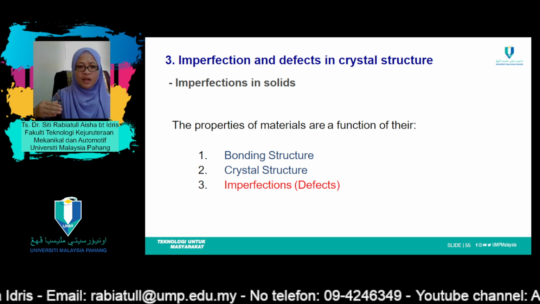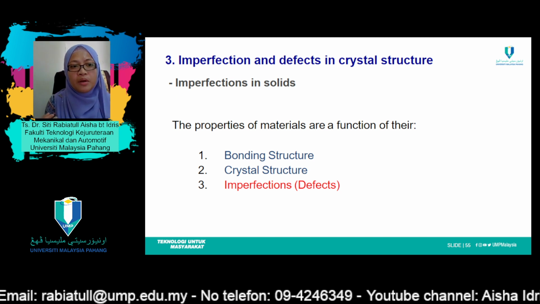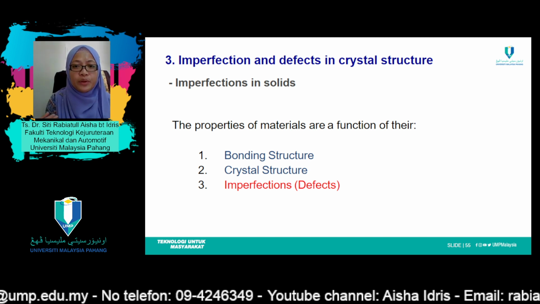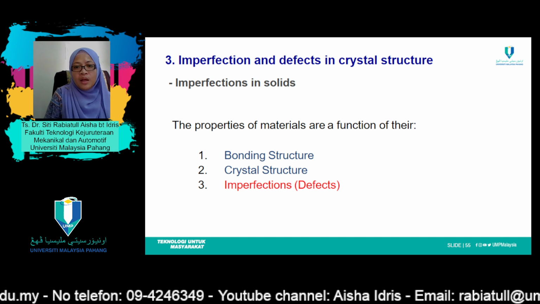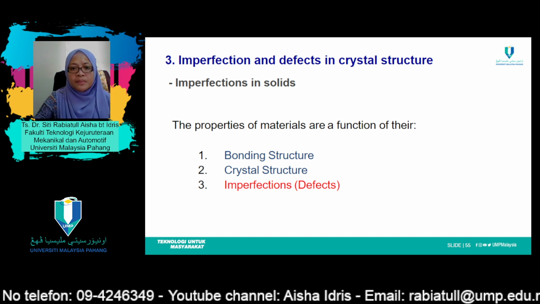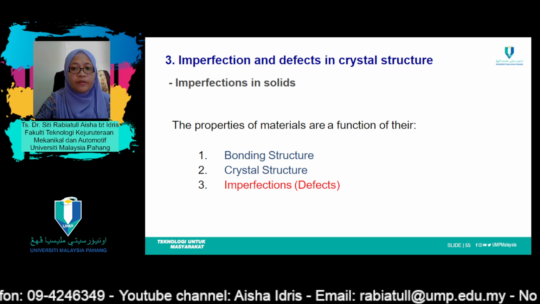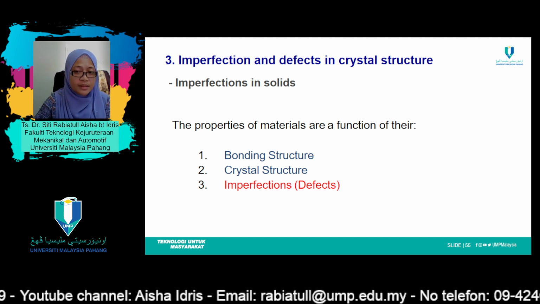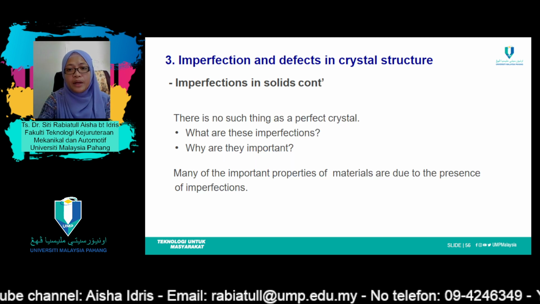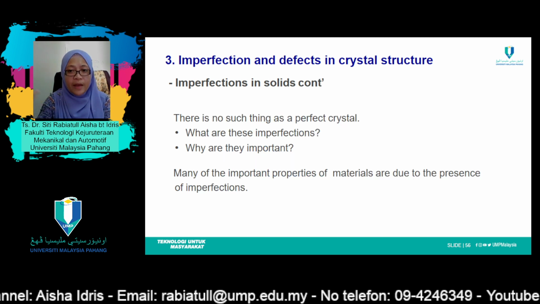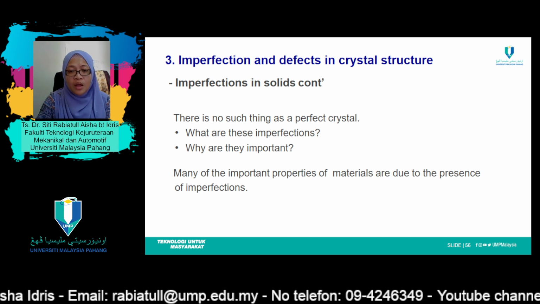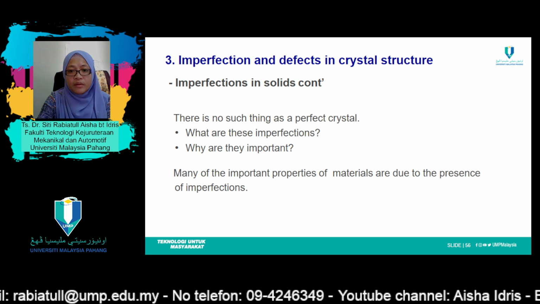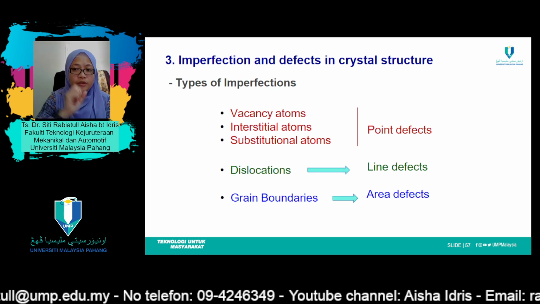Now the last topic for this lecture is imperfections and defects in crystal structure. The properties of materials are a function of their bonding structure, crystal structure, and imperfections, which are defects. So in this part, we are going to look at imperfections.